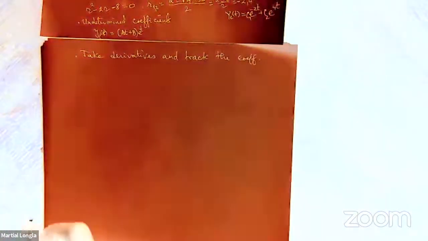What we need to do now is take derivatives and track the coefficients. So the derivative of yp, in this case, that's at plus b times the derivative of e to the t, which is 1, plus the derivative of at plus b, a, times e to the t.